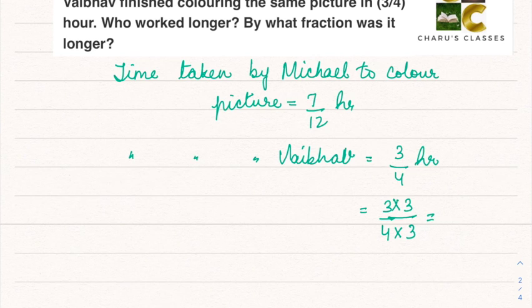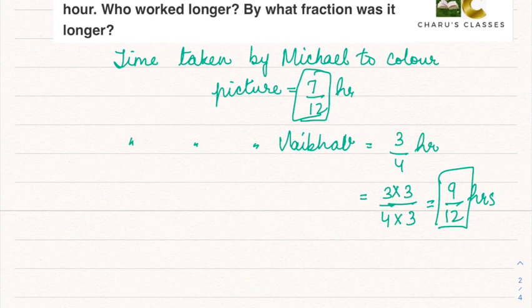Multiplying top and bottom by 3, we are getting 9/12 hours. So now we can compare 7/12 and 9/12. As you can see, 9/12 is greater than 7/12. So basically Vaibhav has worked longer.